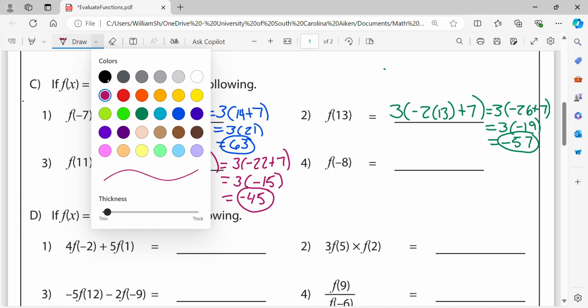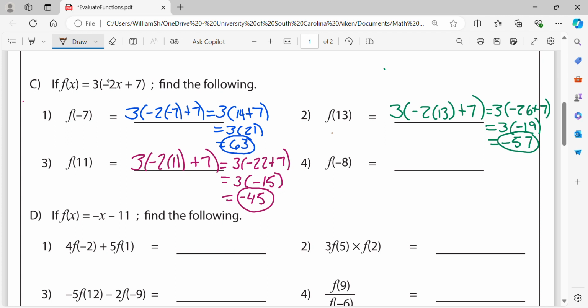Now, let's do number 4. Same function. Nothing to panic about here. But here we're plugging in a negative 8. So I'm going to go 3 times negative 2 times negative 8 plus 7. Negative 2 times negative 8 is positive 16 plus 7. 16 plus 7 is 23.